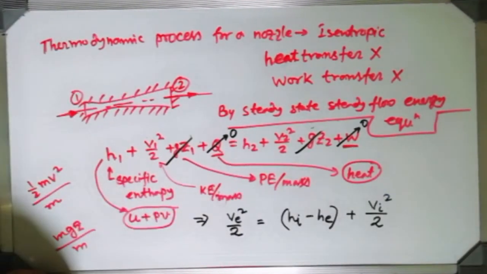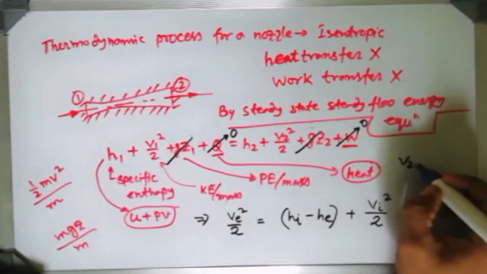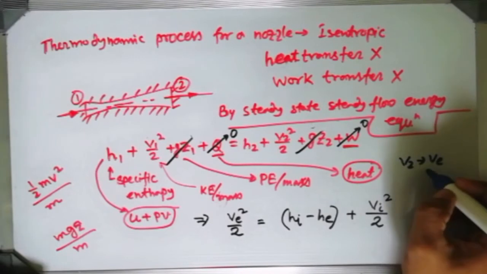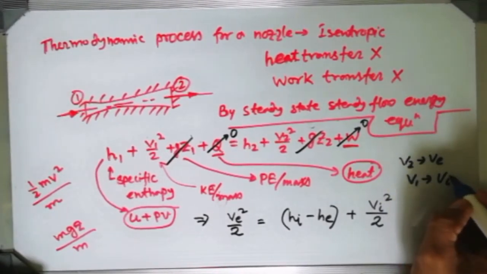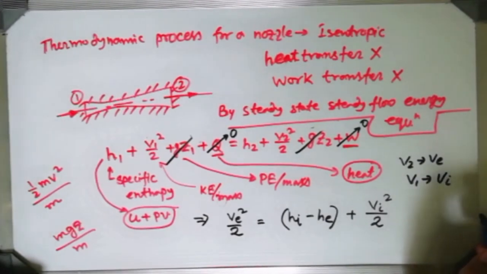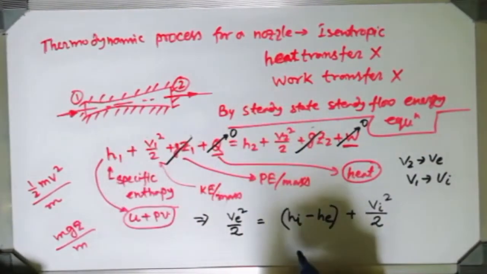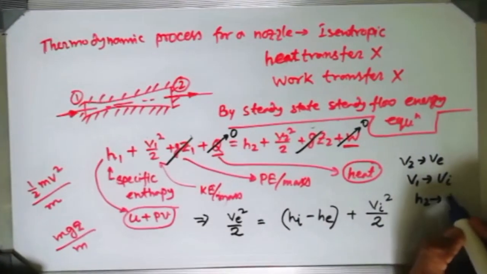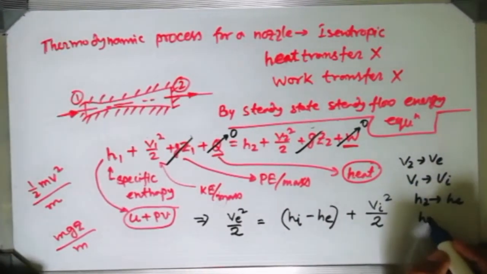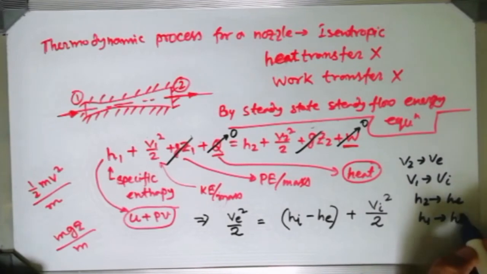I haven't done anything special over here, just V2 is replaced by VE, that means exit velocity. V1 is replaced by VI, that is the inlet velocity. Similarly, H1 and H2 are replaced by HI and HE, inlet and exit, nothing else.